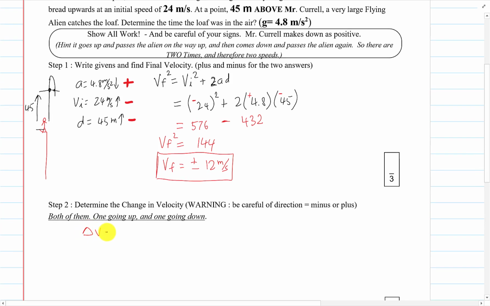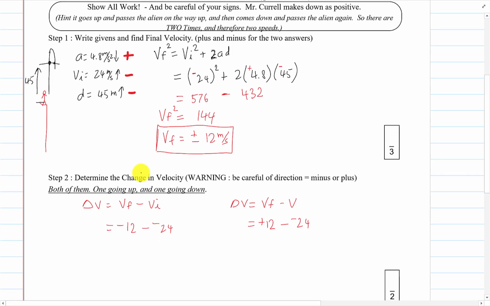Change in velocity is equal to Vf minus Vi. So we have to do it as negative 12 minus negative 24, or we have to do it as positive 12 minus a negative 24.